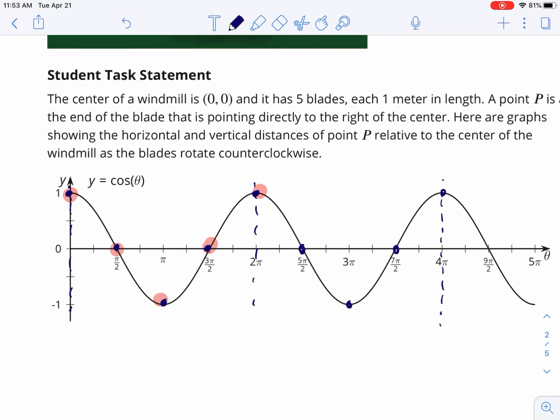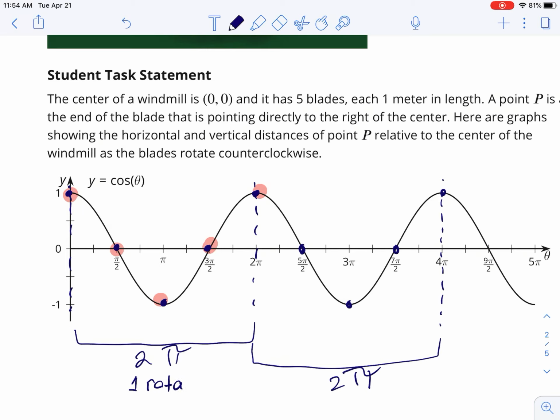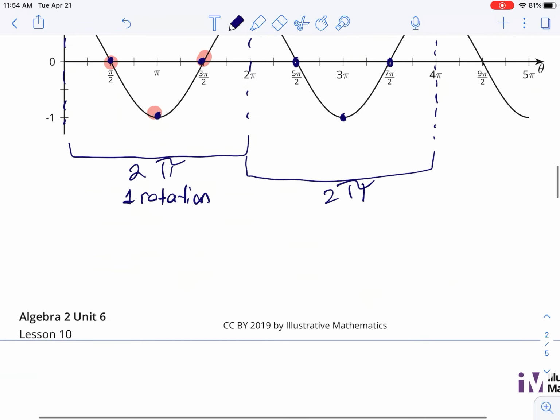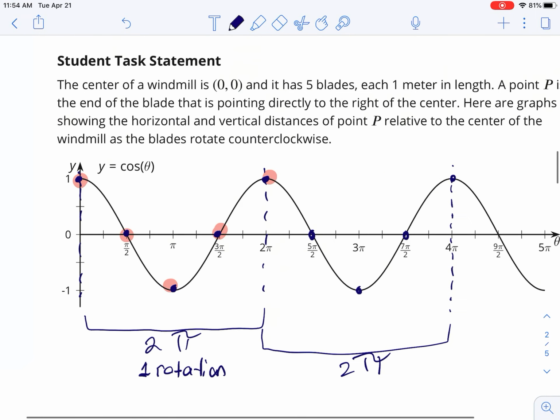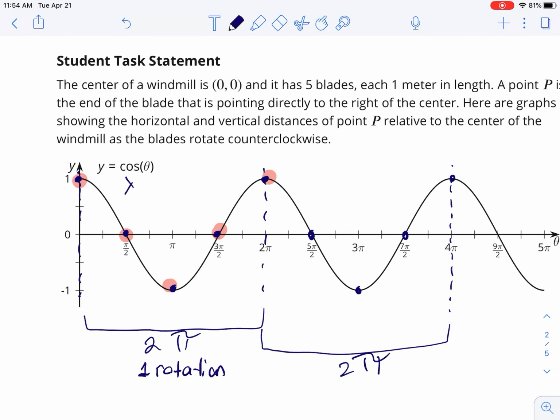So once again, this is 2 pi, this is 2 pi, and this is 1 rotation. Okay, so once again, we're talking about your x values. This is referring to your x values.